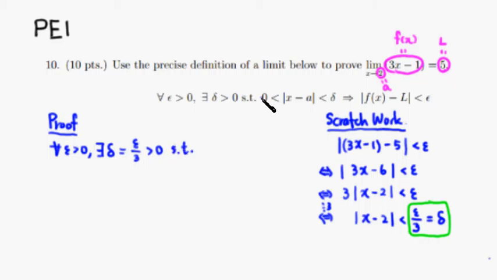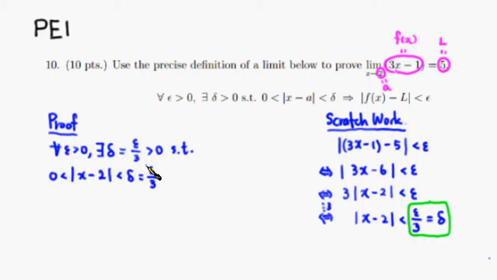the distance between x and a, in this case 2, so the absolute value of x minus 2 is between 0 and delta, and in this case delta is set to be epsilon over 3.